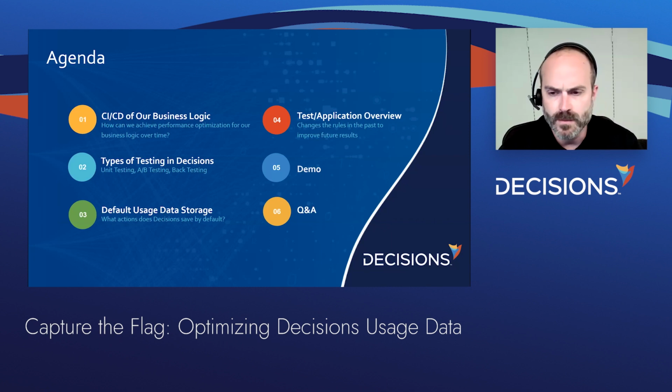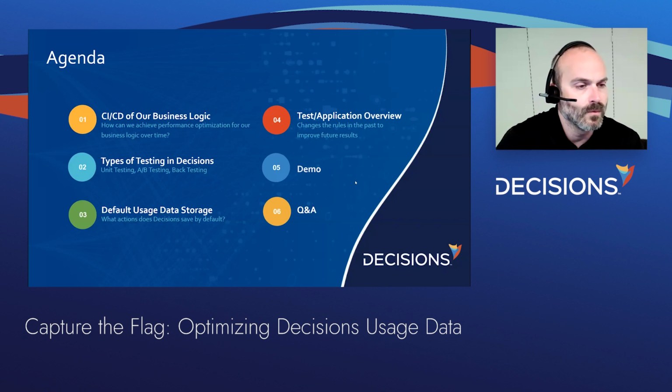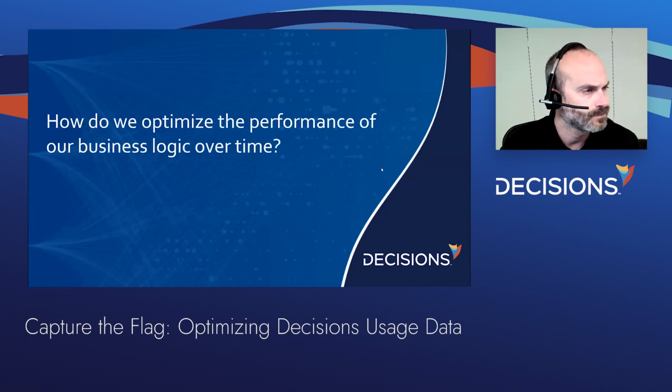A little bit of overview about what Decisions will store for you and what you need to design your flow to capture. And then we're going to give you an overview for a proposed solution design and a solution architecture. And then we're going to end with a bit of a demo of an application that we're going to make available to you to try to help with some of this setup.